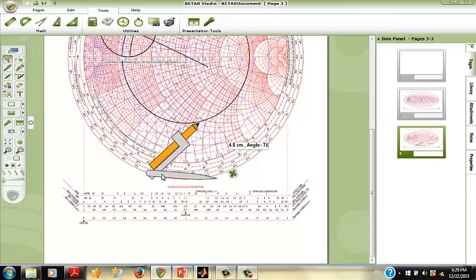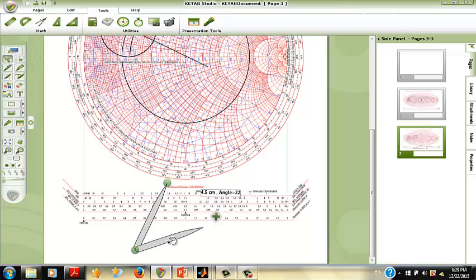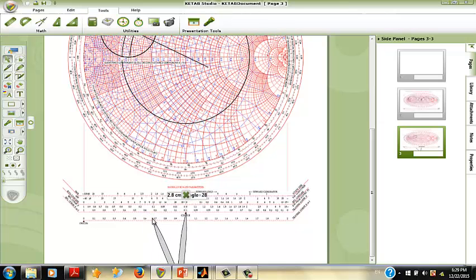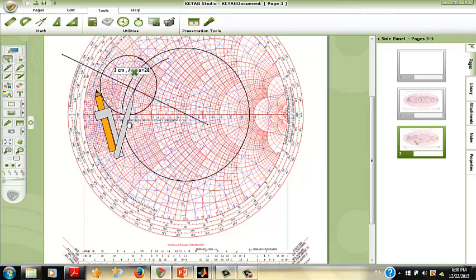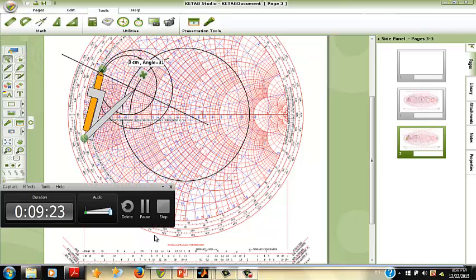We want to find the radius, which is 0.374. Now here is the 1 dB circle.